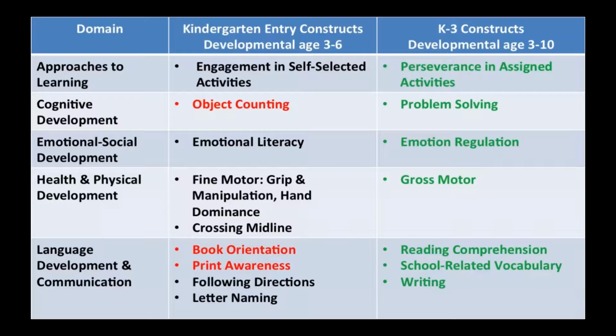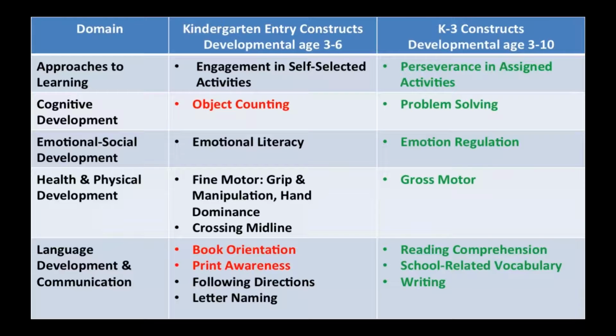So the K-3 formative assessment process is organized under these 5 domains of learning and development for our children. The kindergarten entry constructs that we're using for that kindergarten entry portion are those that you see in the middle column there. And then the constructs that I mentioned that are appropriate for our children all the way up to grade 3 are in the right-hand column.